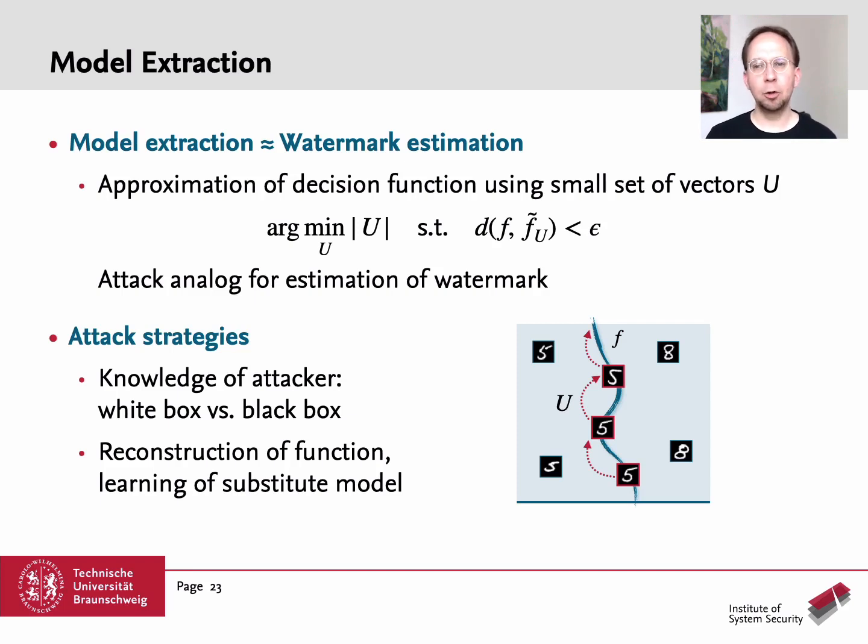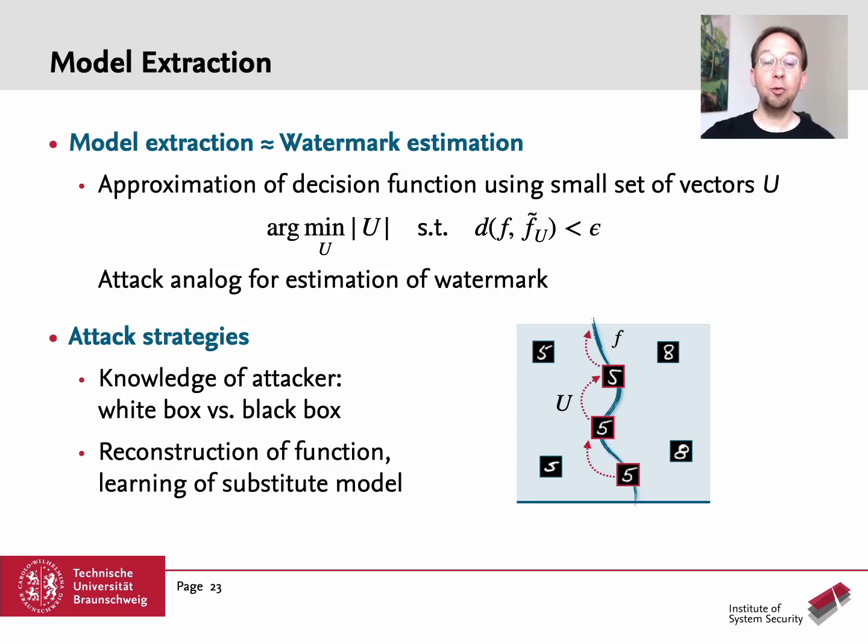So I'm saying I'm looking for a small number of inputs, U, such that if I train or learn or generate a prediction function from these small inputs, I can minimize the distance between the original function f and my stolen function fu. So what does it mean, a small set of inputs?